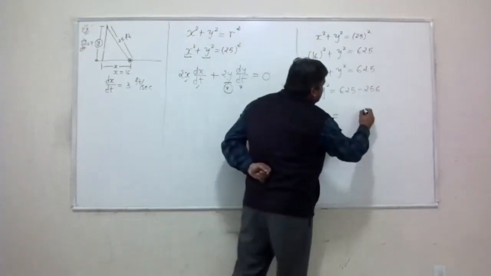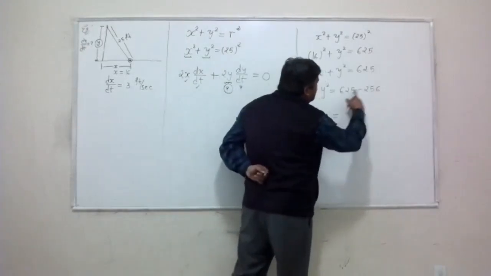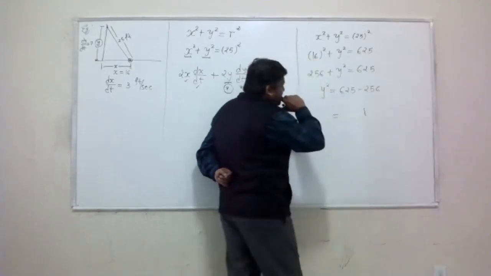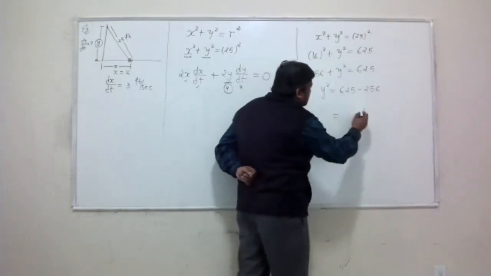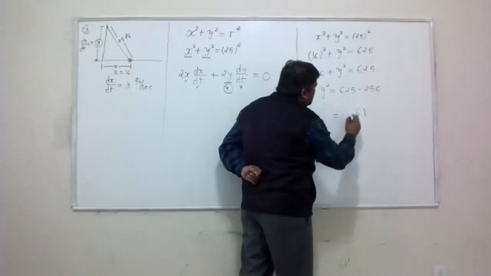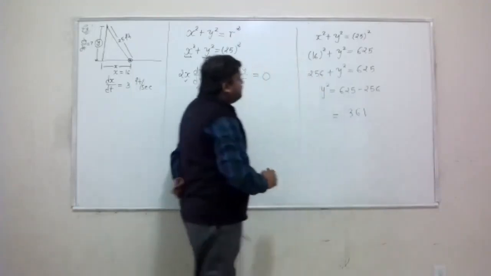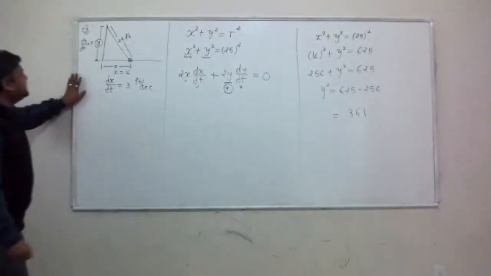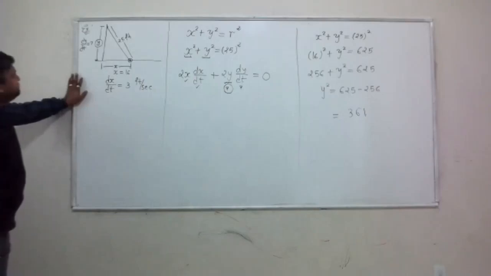All right, so I get 369... so it looks like I have selected incorrect numbers.